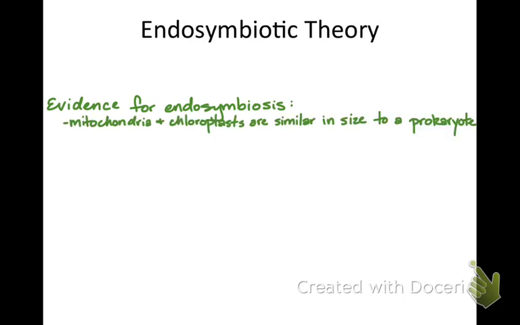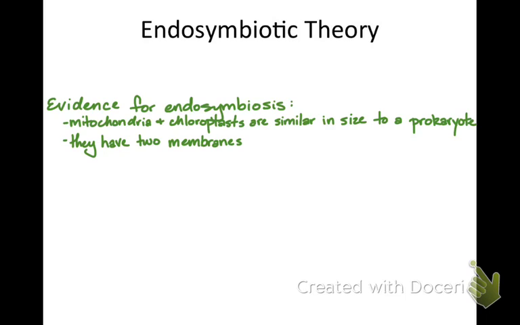And finally, endosymbiotic theory. So when we're talking about the size of mitochondria and chloroplasts, they're very similar to prokaryotes. And so a lot of the similarities between mitochondria and chloroplasts have led to what we now call the endosymbiotic theory, this idea that mitochondria and chloroplasts are the distant relatives of prokaryotes.